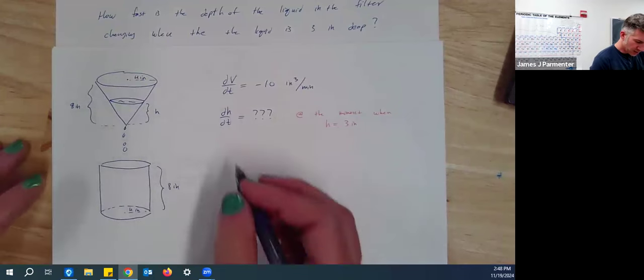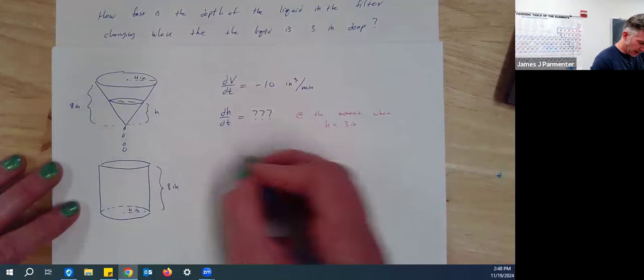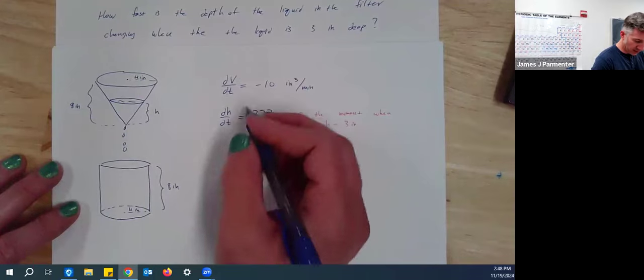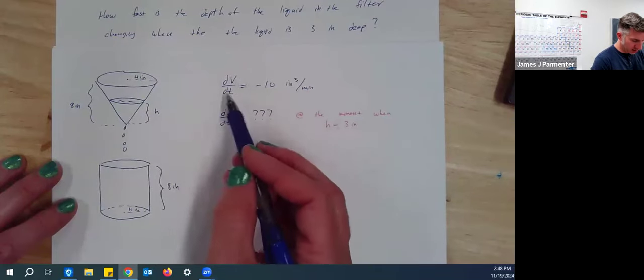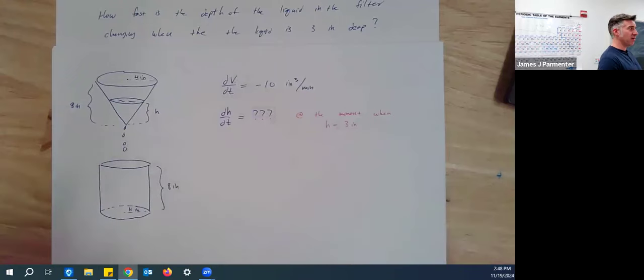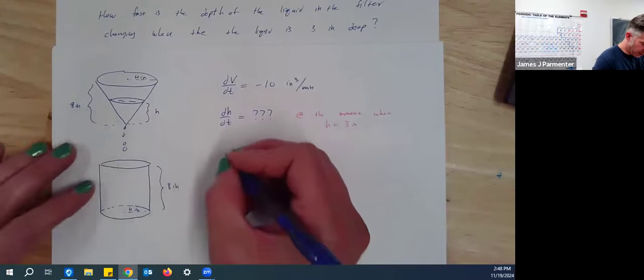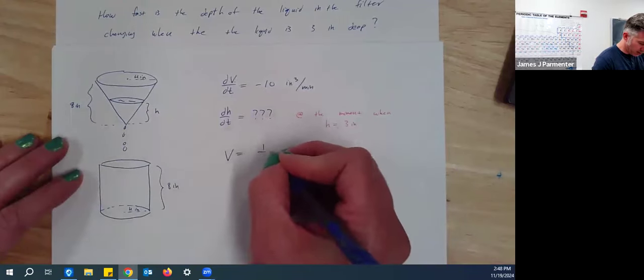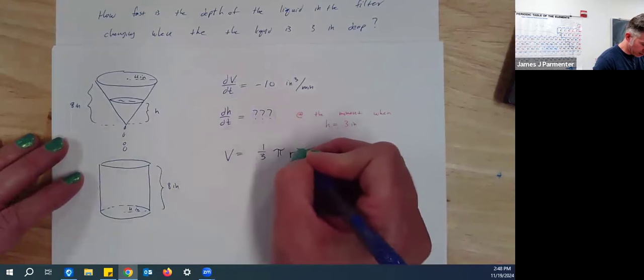So we're going to find the equation relating the volume of the cone and the height of the cone, which I don't know if you're expected to memorize or not. The volume of a cone is always 1/3 pi r squared times h.